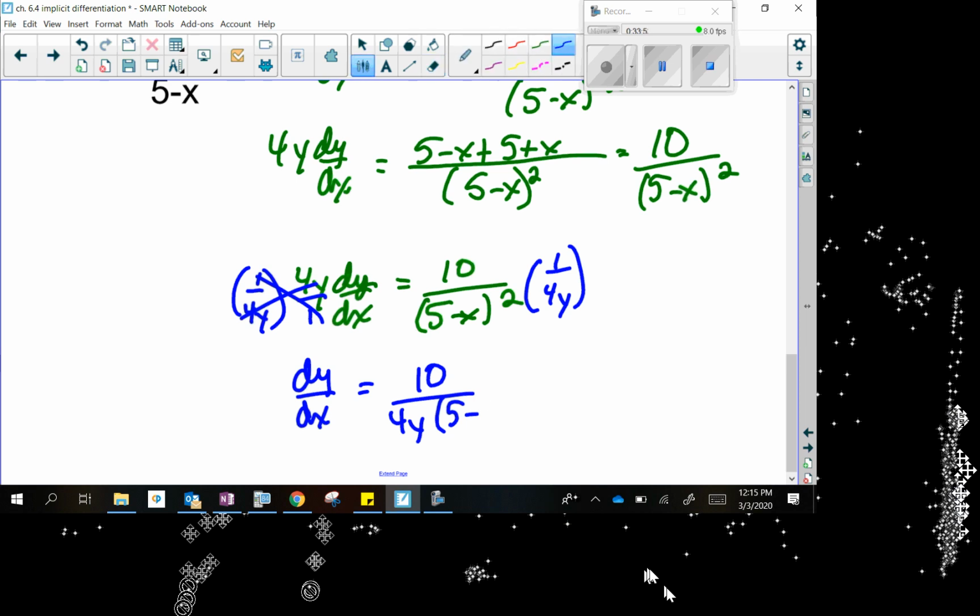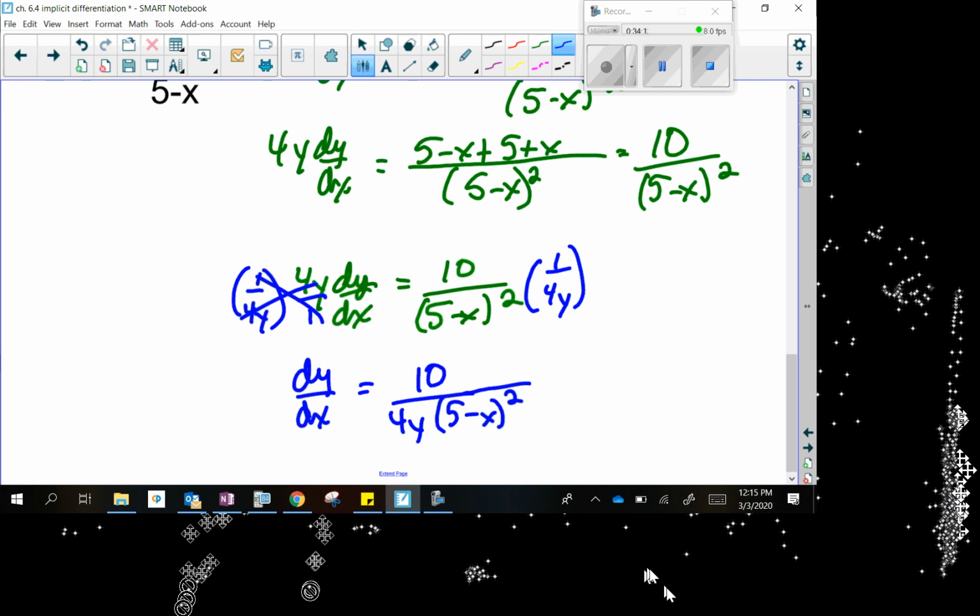I had said it was optional to distribute in the previous example, but here anytime you have a quantity in parentheses with a higher power, you can't distribute into that, because you would be giving yourself more 4y's than you had planned.